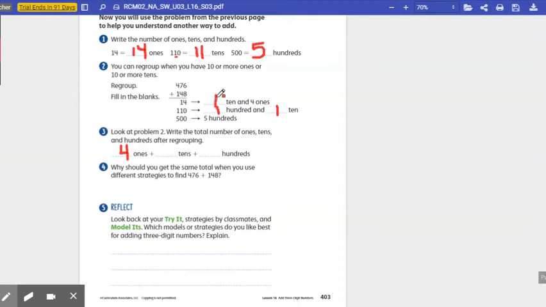Now we did have some tens, one group of 10 from the 14, so we can combine the one group of 10 from the 14 and the one group of 10 from the 110 to show that we have 2 groups of 10. Then we have 500 from 500, and we also have our 100 from 110 that we can't forget about. So 500 plus 100 is 600.